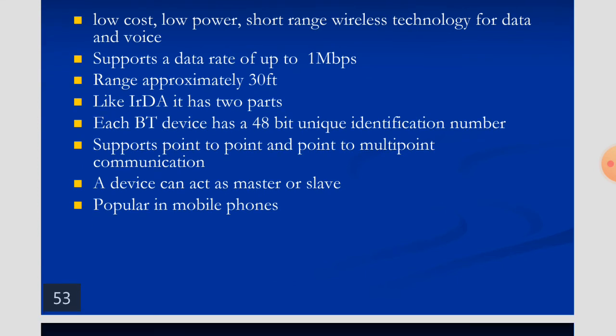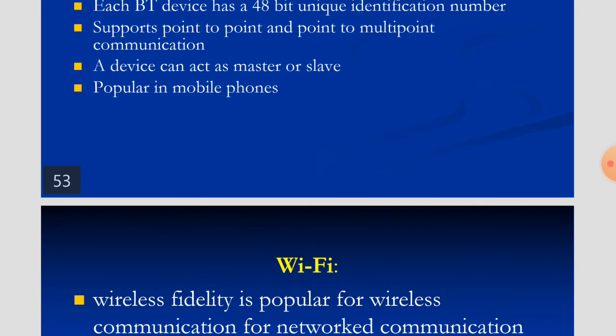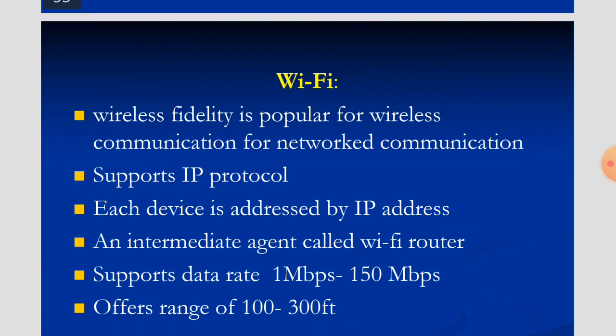It is just like the infrared structure. It has two parts, and each Bluetooth device has a 48-bit unique identification number. While pairing two devices using Bluetooth technology, this number is very useful. It again supports point to point and point to multi point communications. Here again one device acts as a master and another device acts as a slave. Mainly it is popular in mobiles.